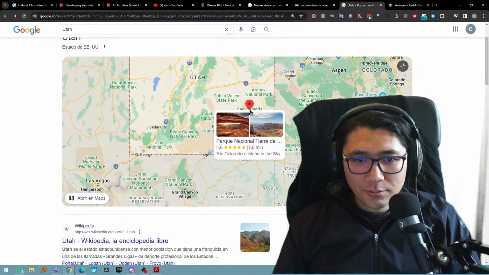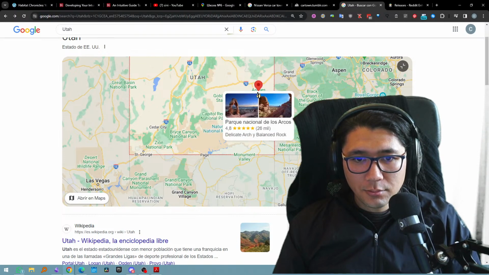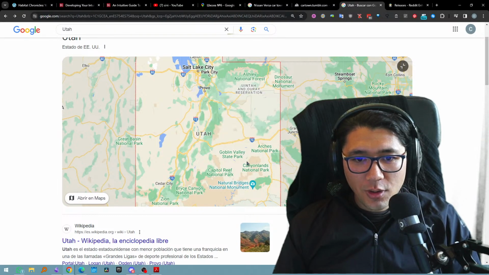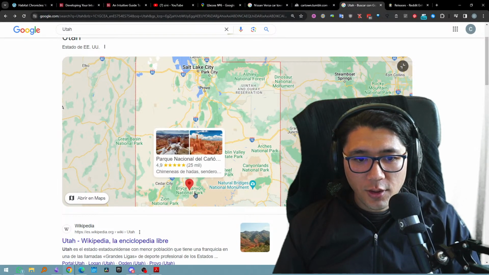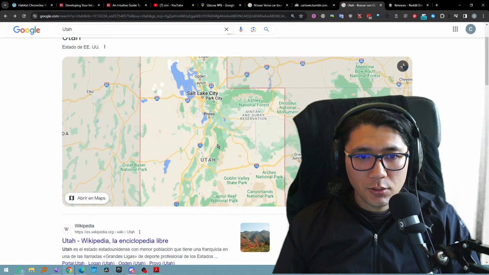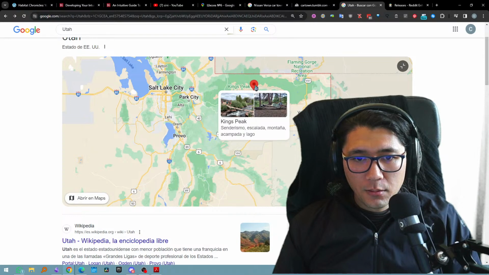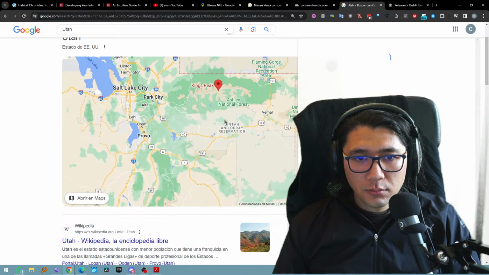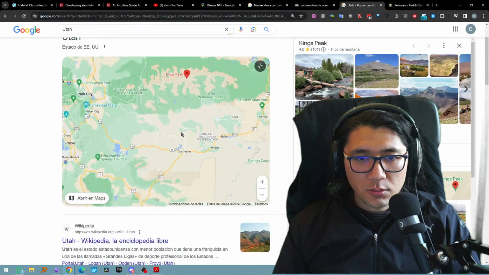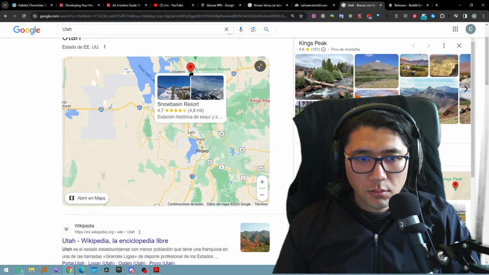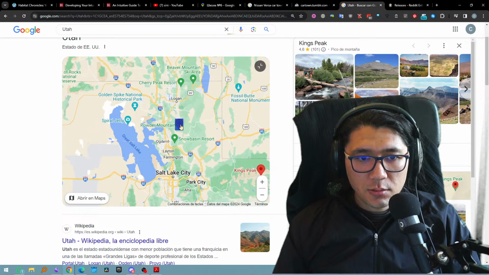Damn, a lot of nature. Holy shit. 26,000, 22,000, 7,000, 4,000, 25,000, 39,000. Kings Peak. Ski places.